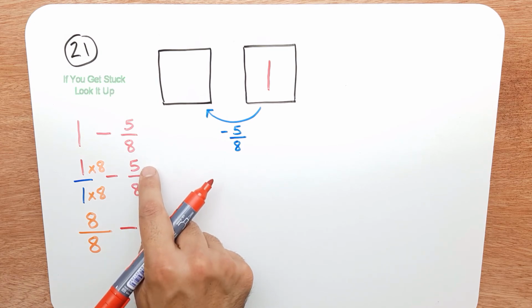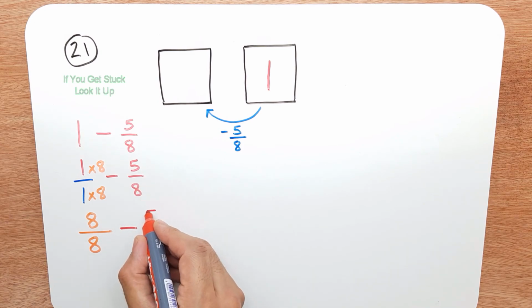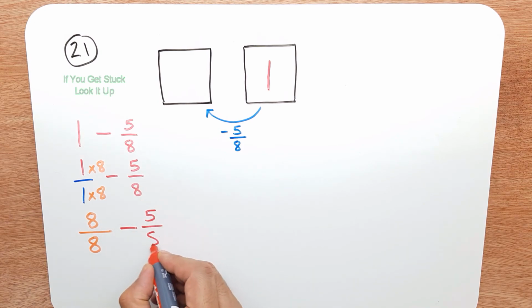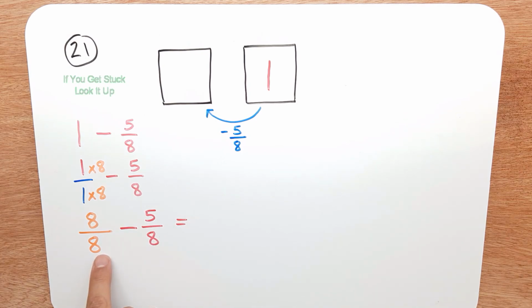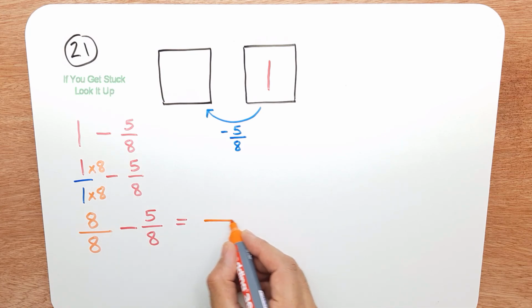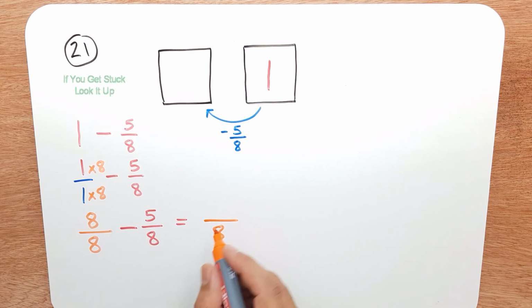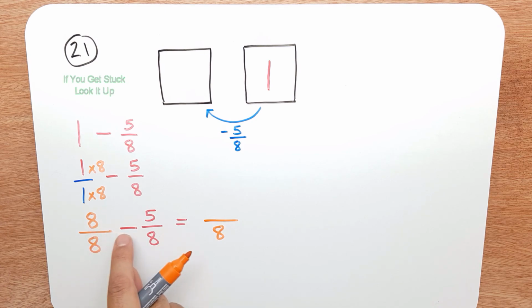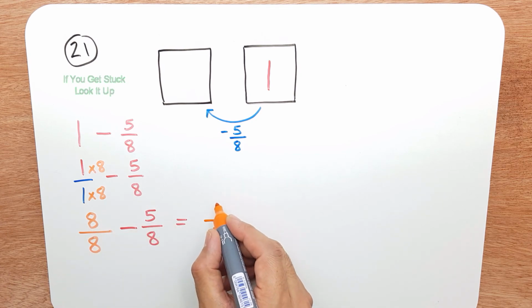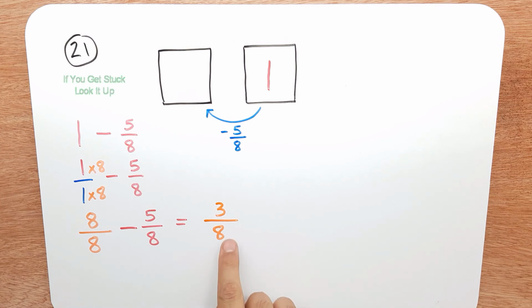Minus 5/8. So we'll write that there. Now it's straightforward because the denominators on both the fractions are the same. So you do a fraction line and you simply do 8 take away 5, which is 3. So the answer is 3/8.